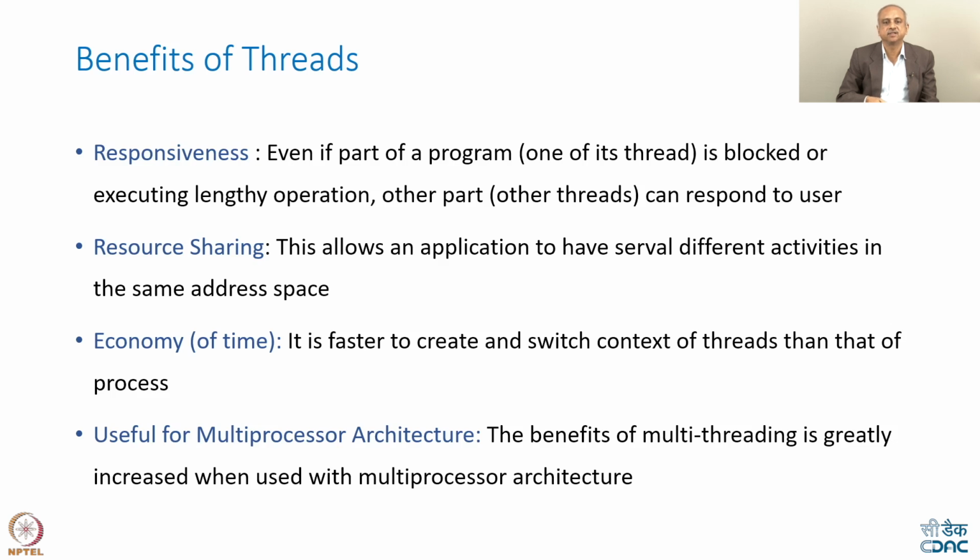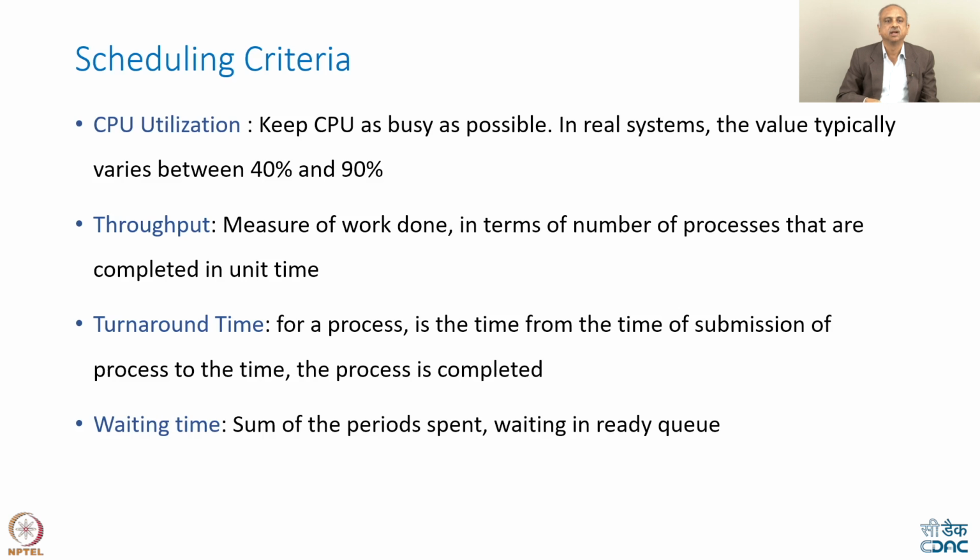Then you can finish the task faster because switching threads is quicker, since the context switching is faster. Further, it is well suited for multiprocessor architecture, as we shall see in the next slide. So, the scheduling criteria for thread switching takes care of the following attributes, that is, utilization of the CPU.